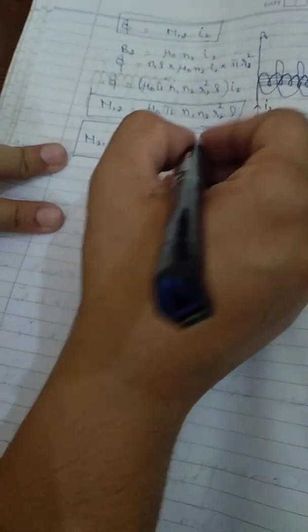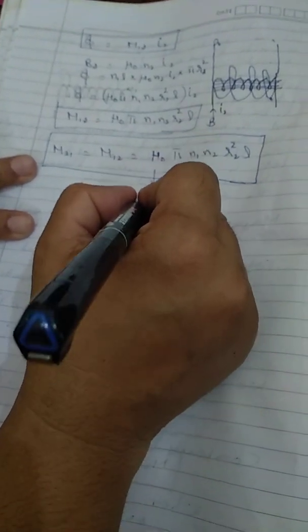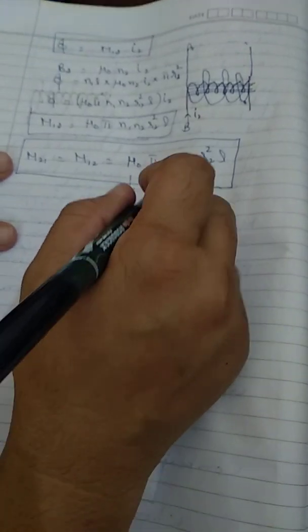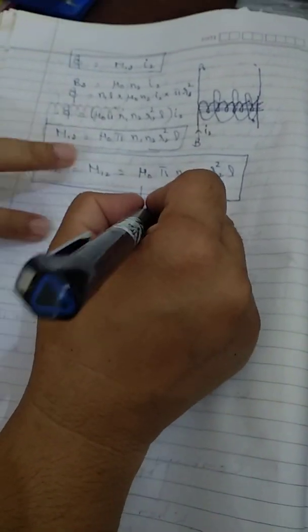If it is placed in some other medium, then instead of mu naught we take mu, the permeability of that medium, if it is not vacuum; the rest is the same.